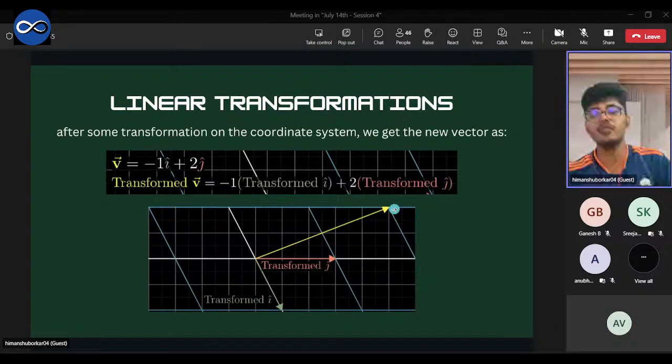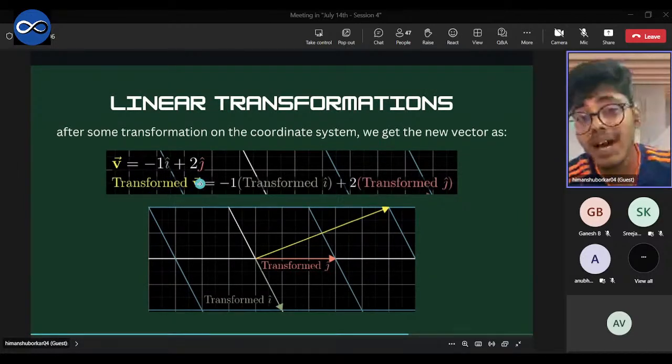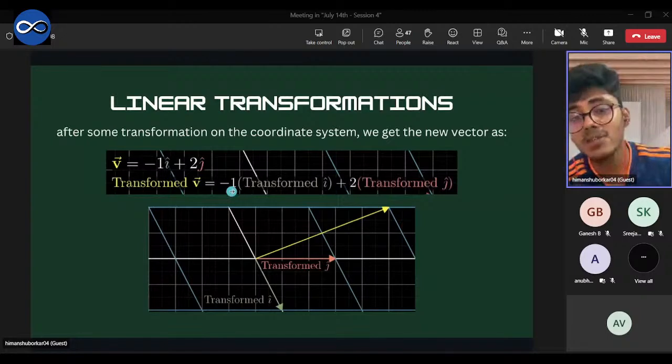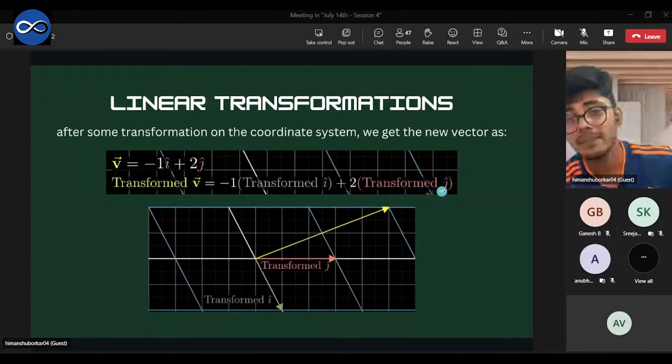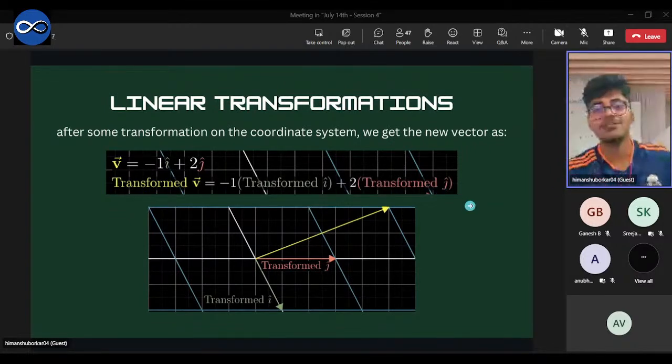It will be a linear combination of its bases. So transformed i and transformed j are the basis of this coordinate system, the one that is described over here. So I can say that transformed v is nothing but -1 times transformed i cap plus 2 times transformed j cap, right? Any doubts here? You can mention, it'll be clarified. So yeah, this is the basic idea.